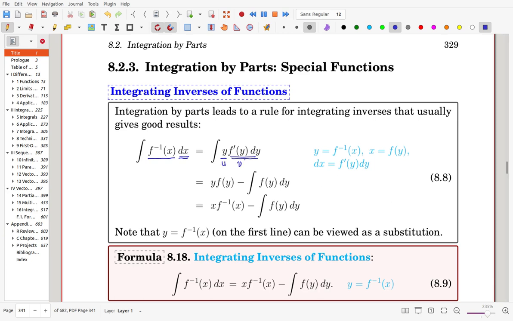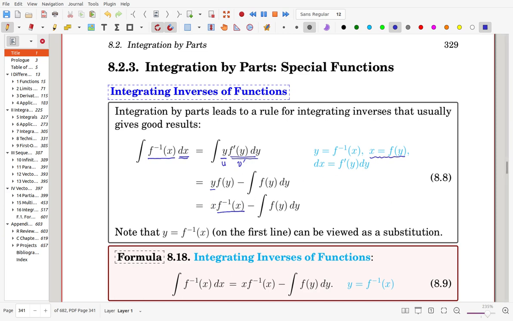Then uv is this one, minus the integral, where u prime is now 1 and v is f of y, dy. Now y is the same as f inverse of x, so that portion is changed into this one, and f of y is the same as x, since x is f of y.